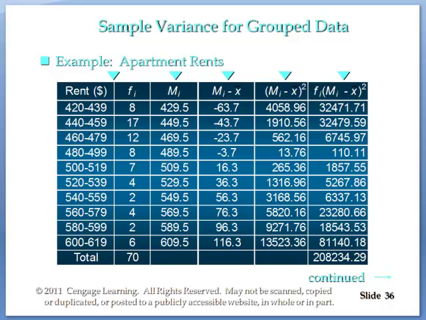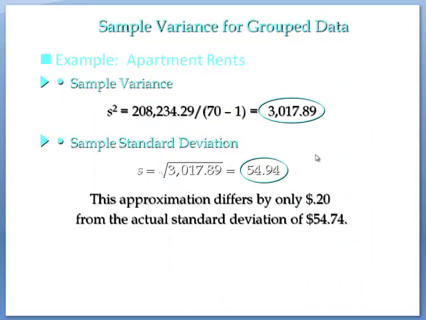Let's continue. That sum you then divide by 70 minus 1. Remember, for samples, the denominator we use is n minus 1, the sample size minus 1. As you will see, the sample variance is 3017.89, and the sample standard deviation is the square root of that, which is 54.94, which differs by only about 0.2 from the actual standard deviation we had computed earlier.